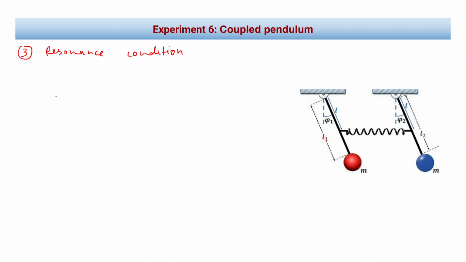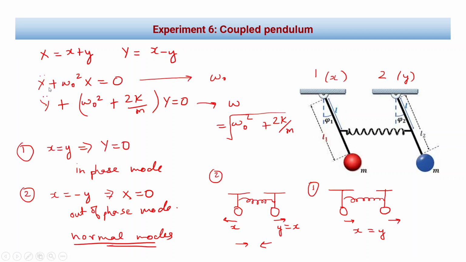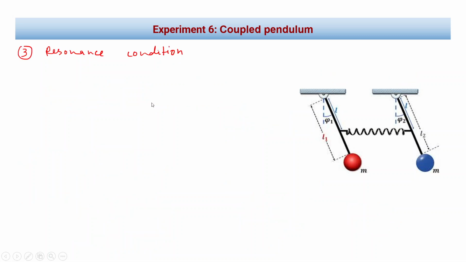When this happens, after solving these two equations, which were in terms of capital X and capital Y, we get the general equation. Again, I just want to tell you the final result instead of going into much detail.